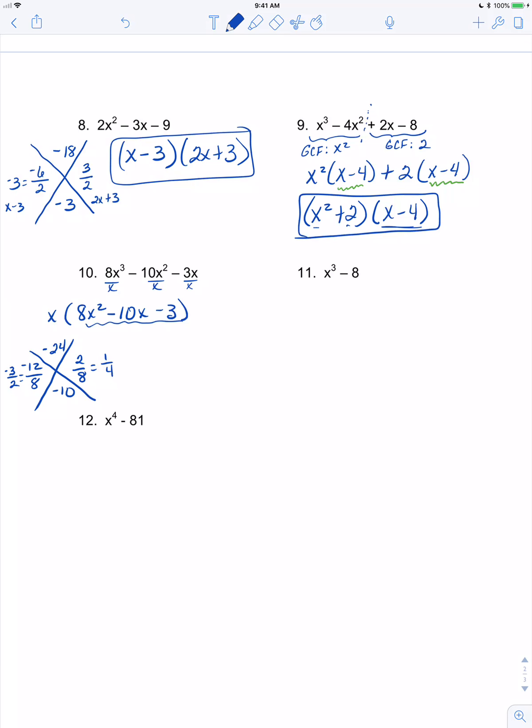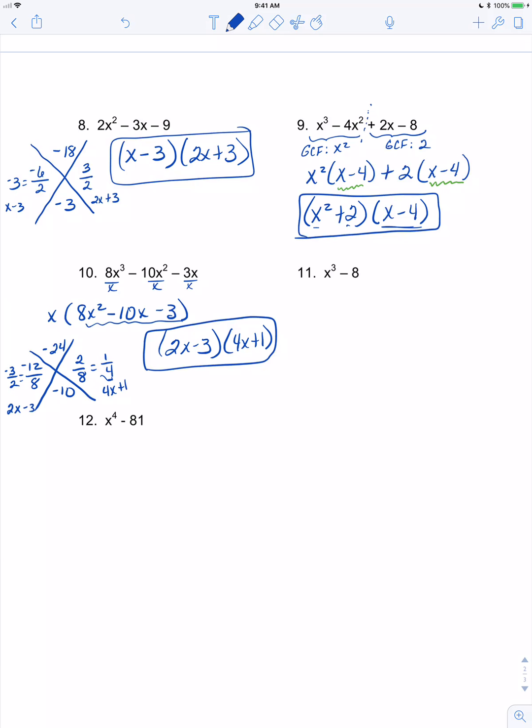Okay, so on the negative 3 over 2, remember that 2 moves to the front, so 2x minus 3 is that factor. And then the 4 here moves to the front, and that's 4x plus 1 is that factor. And there you go.